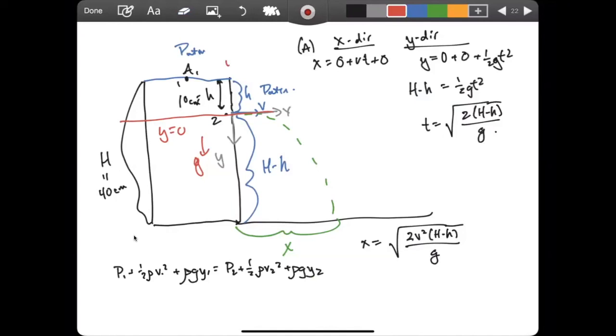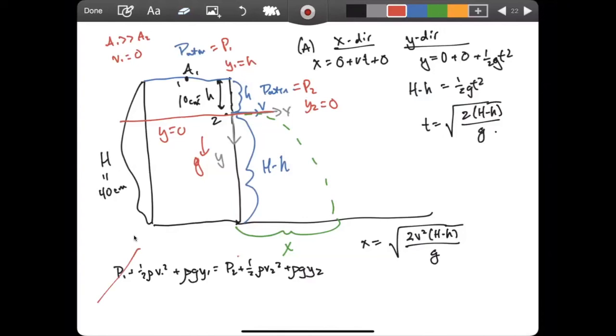So that means that y1 is going to equal little h, and y2 is going to equal 0. And since I never said anything about the cross-sectional area relative to the size of the hole, we're going to take A1 to be much, much bigger than A2, which means our velocity v1 is approximately 0. We also know that P1 and P2 are the same, so they're going to cancel.